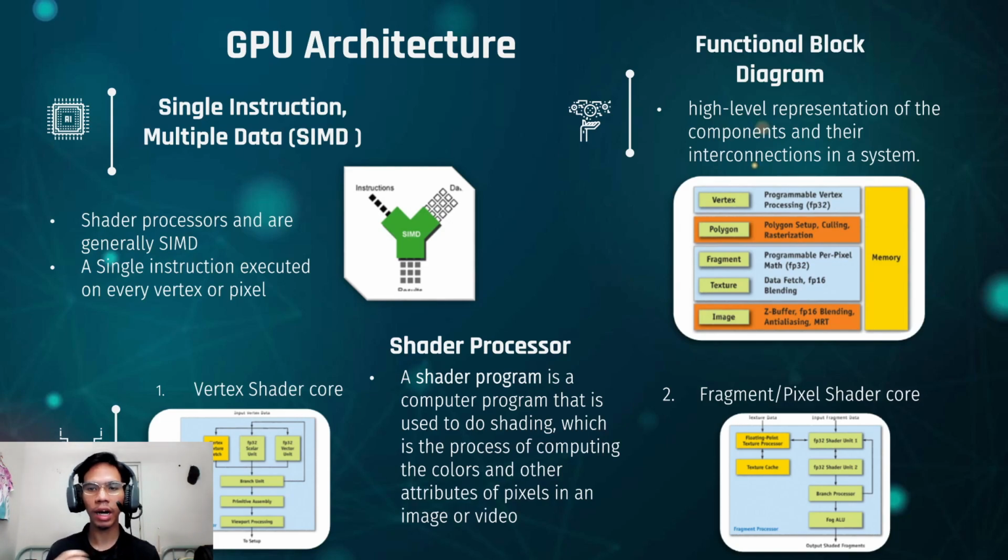A functional block diagram is a high-level representation of the components and their interconnection in a system. Then finally, the shader processor. A shader is a computer program used to do shading, which is the process of computing the color and other attributes of pixels in an image or video. It has two types of shader processor, the vertex shader core and the fragment shader core.